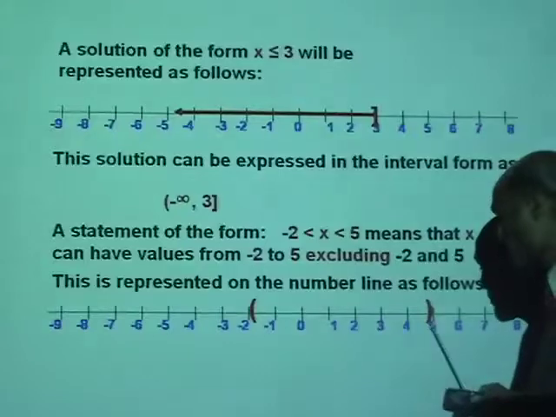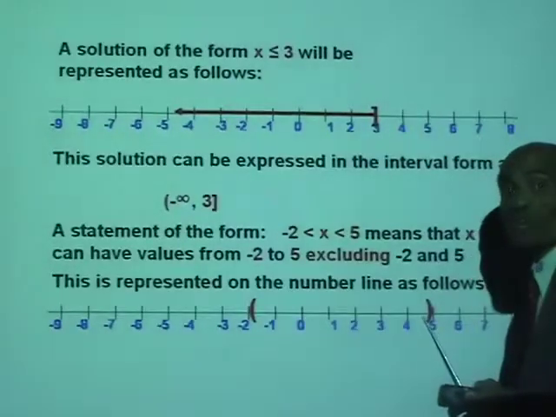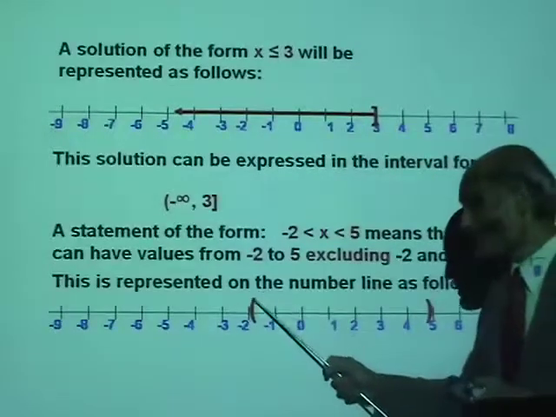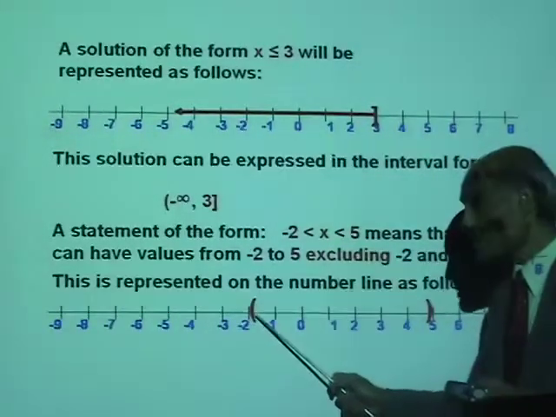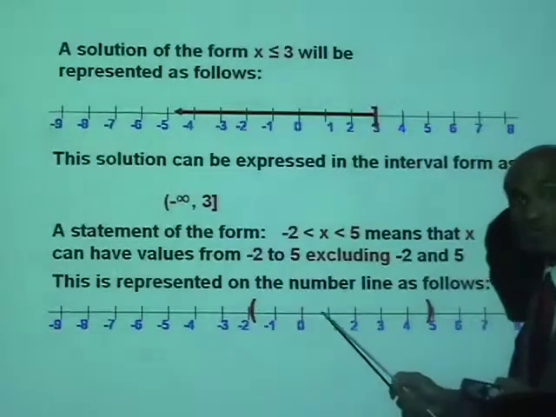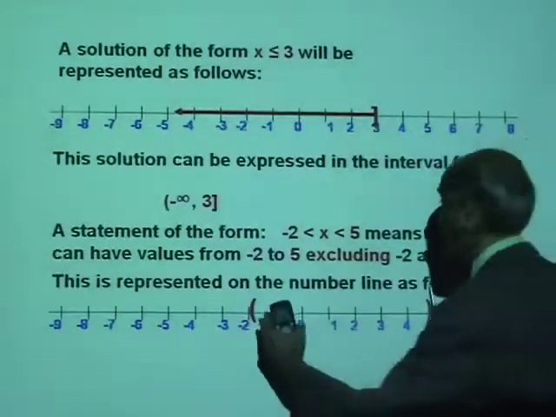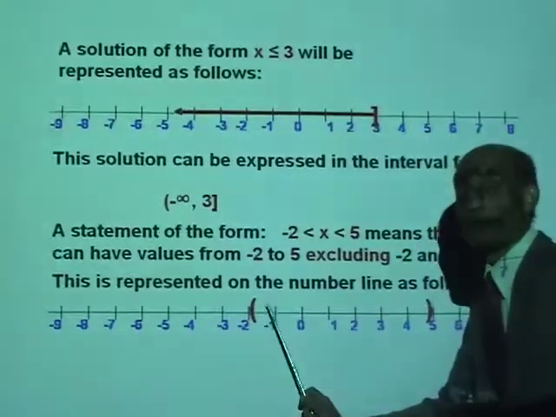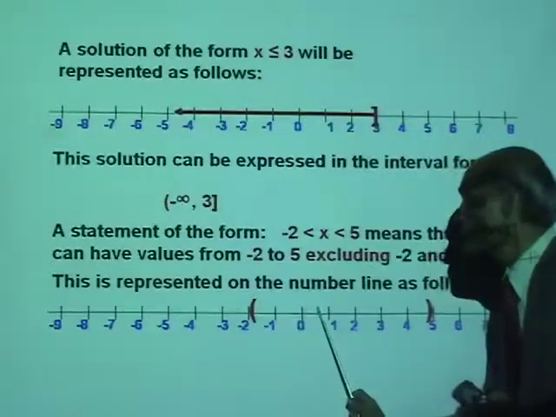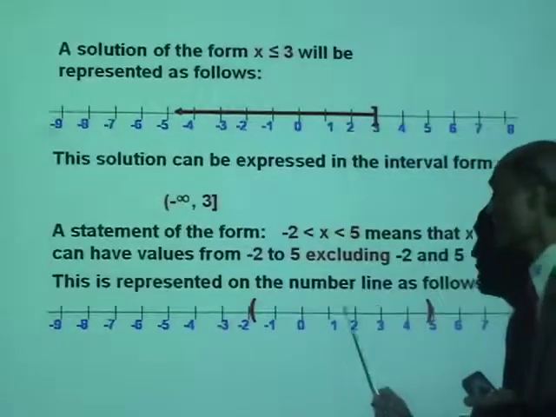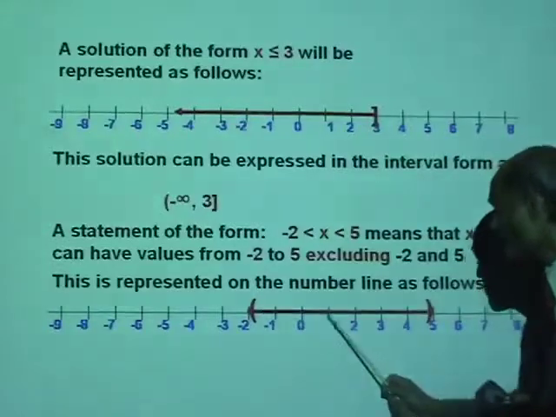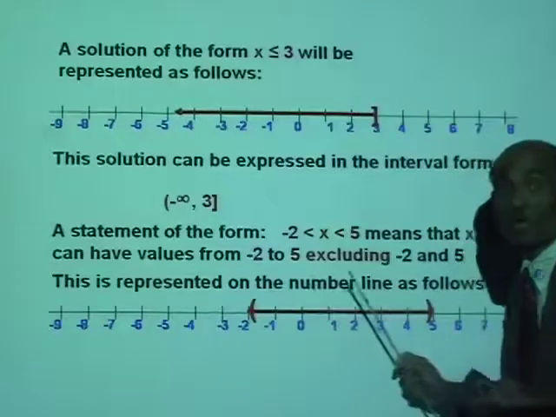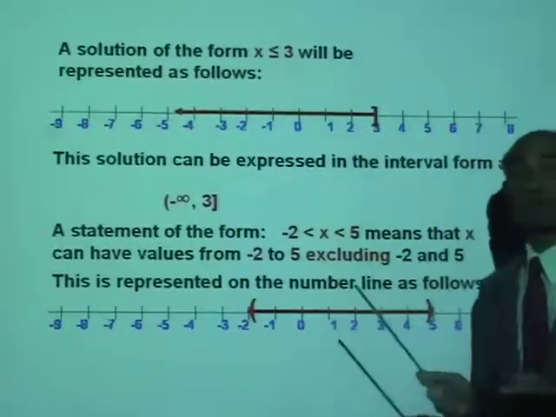This parenthesis is facing left, means we will find the solution numbers to the left of it. And this parenthesis is facing right, means the solution numbers can be found to the right of it. So, it means the solution for this inequality can be found from negative 2 to 5, any number in between, and I put a line in there. But negative 2 is not included, positive 5 is not included.